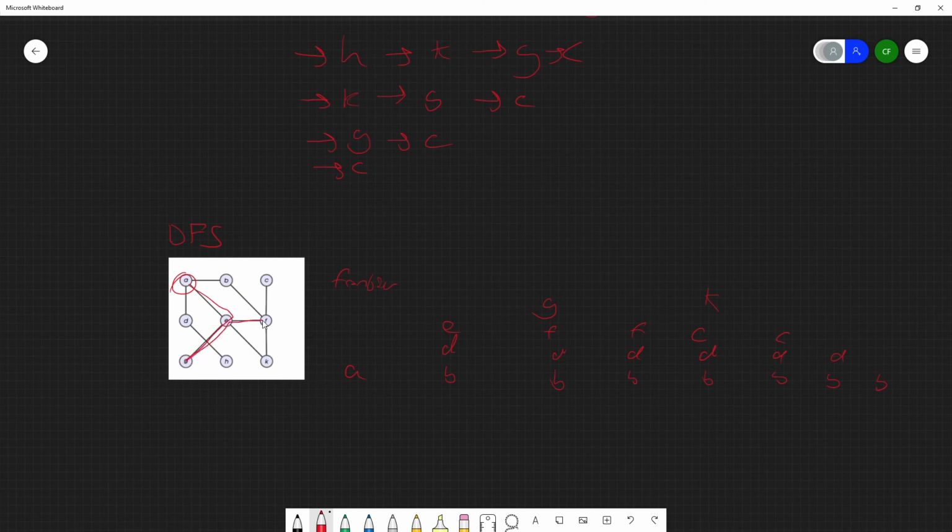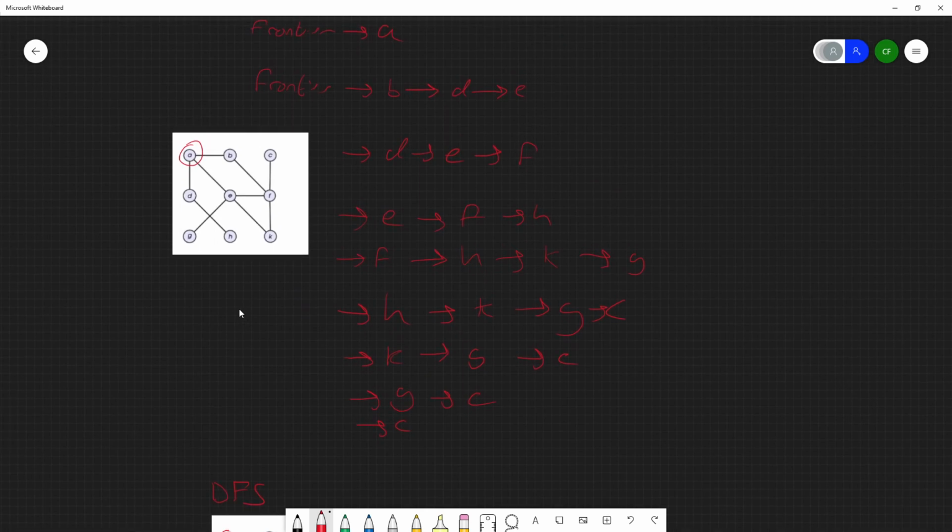Then it went to F, then to K, then to C. Then D will reveal H. H will be explored, and then leaving B. Then we'll go over to D, which will expand to C, which will then expand over to B. And we've been everywhere. That is the most unclear thing ever, but you can see it while I'm drawing it, so, works.